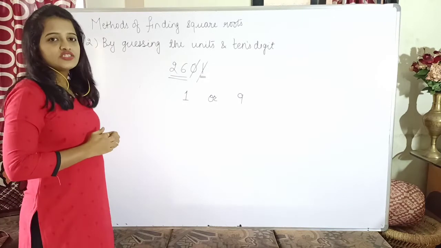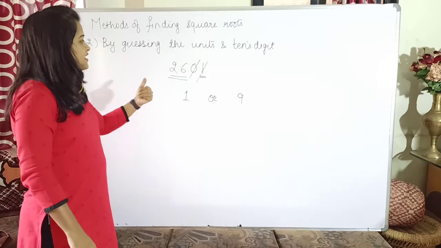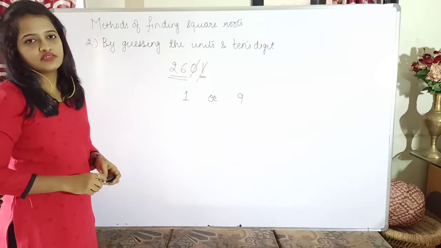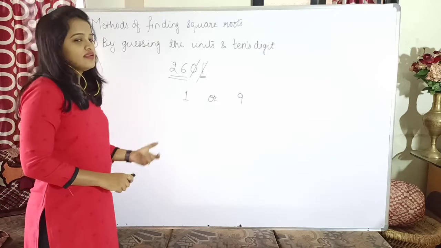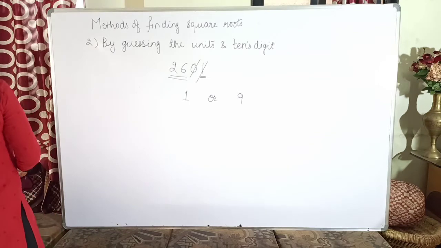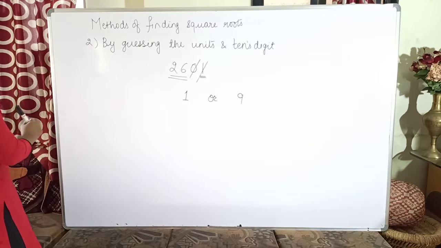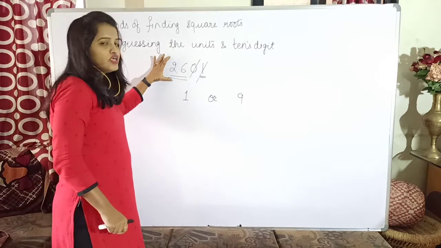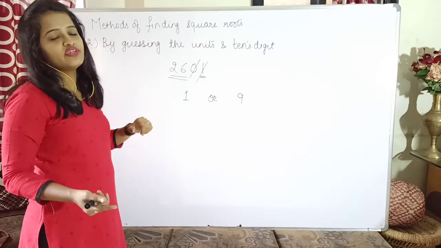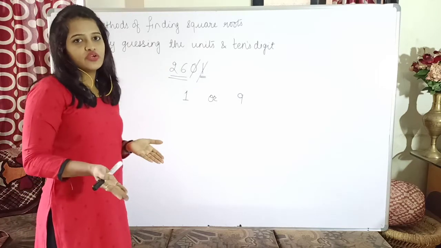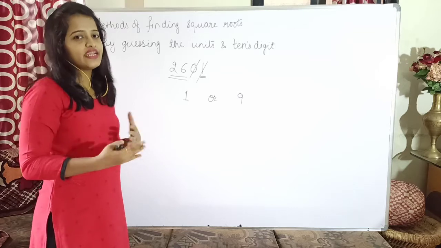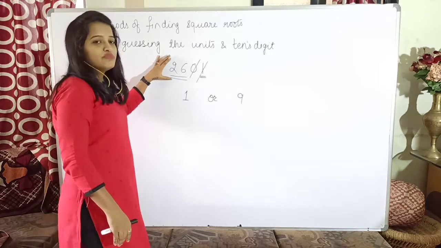Now find the square which is nearer to this, and it should be either equal to or less than it. In my previous case it was 4, which was equal to it. It was the square of 2, so directly I wrote 2. But here the number is 26.